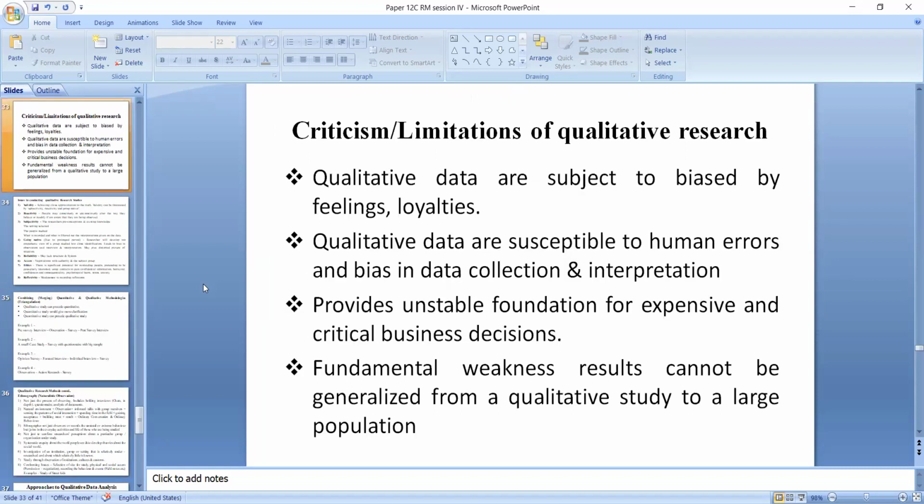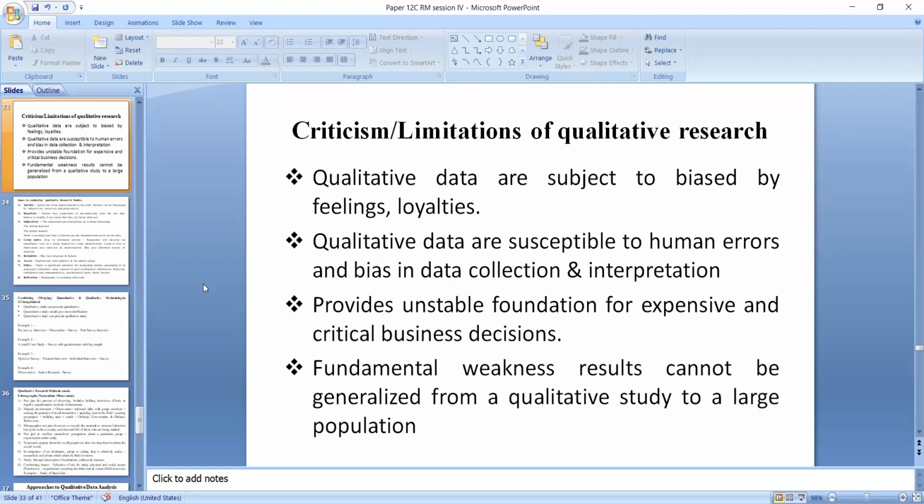Now, I was talking about the limitations or criticism of qualitative research. By now, you must know that it is the observer, the interviewer, whose personal biases, preconditioning, perceptions, maturity make or mar the findings, observations and decisions.